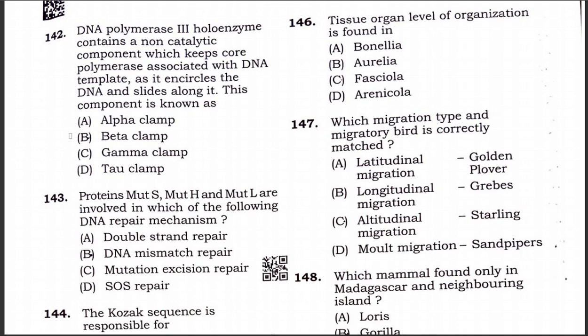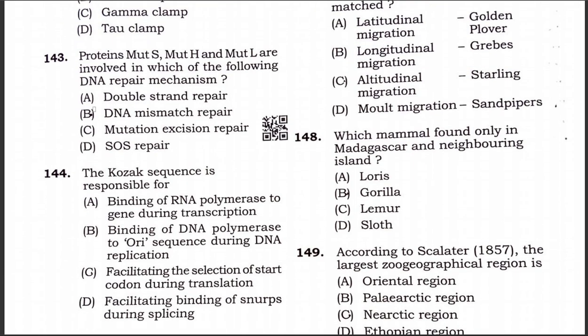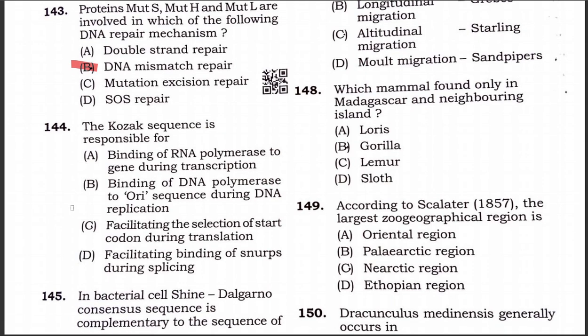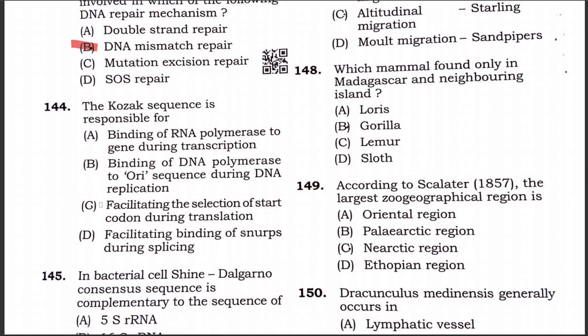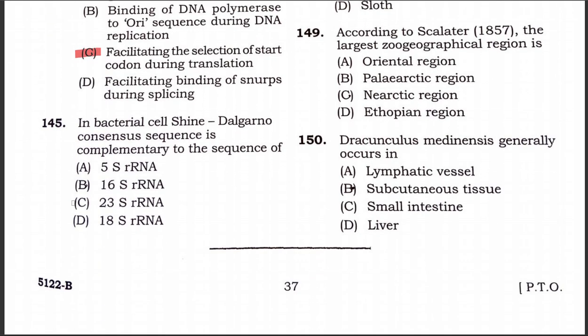This component is known as, of course, the beta clamp. Protein mutase. These are associated with DNA mismatch repair only. Then the Kozak sequence is responsible for facilitating the selection of start codon during translation. In bacteria, the Shine-Dalgarno consensus sequence is complementary to the 16S rRNA.